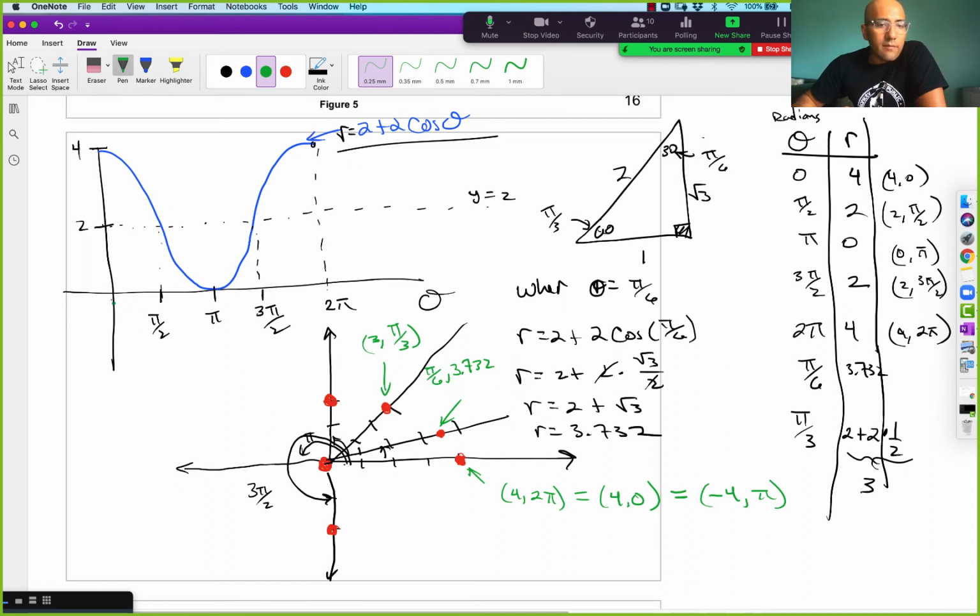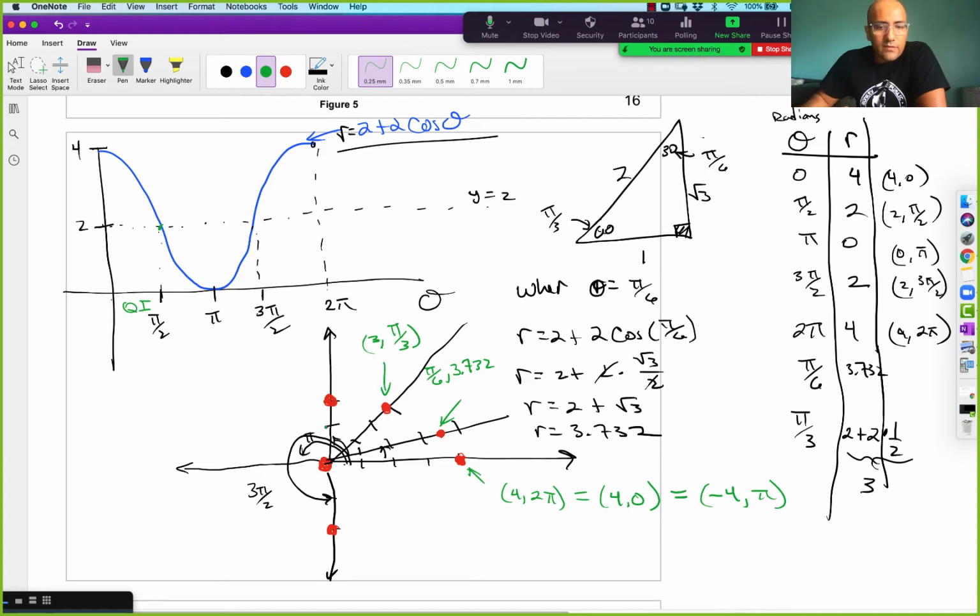Notice that from 0 to pi over 2, this is the first quadrant, right? This is Q1 right here. In Q1, the R value started at a 4, and it's going to go all the way down to 2.